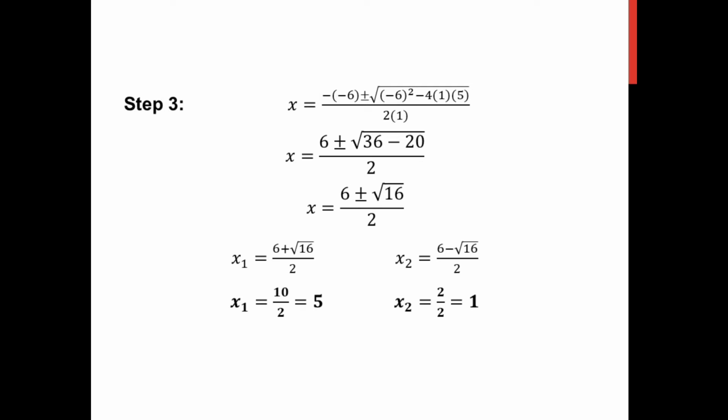So we have 6 plus 4 all over 2, that is equal to 5. And for our x sub 2, we have 6 minus the square root of 16, which is 4, all over 2, so that is 2 over 2, which is equal to 1.